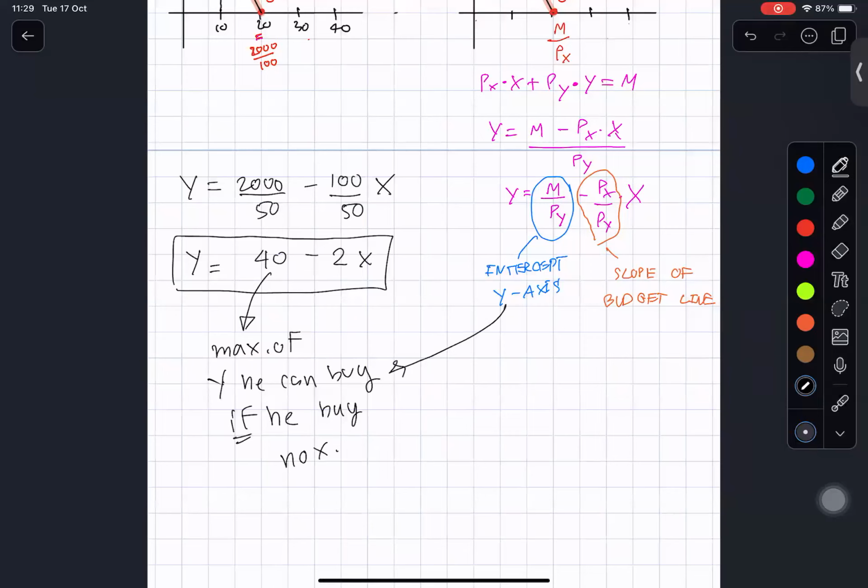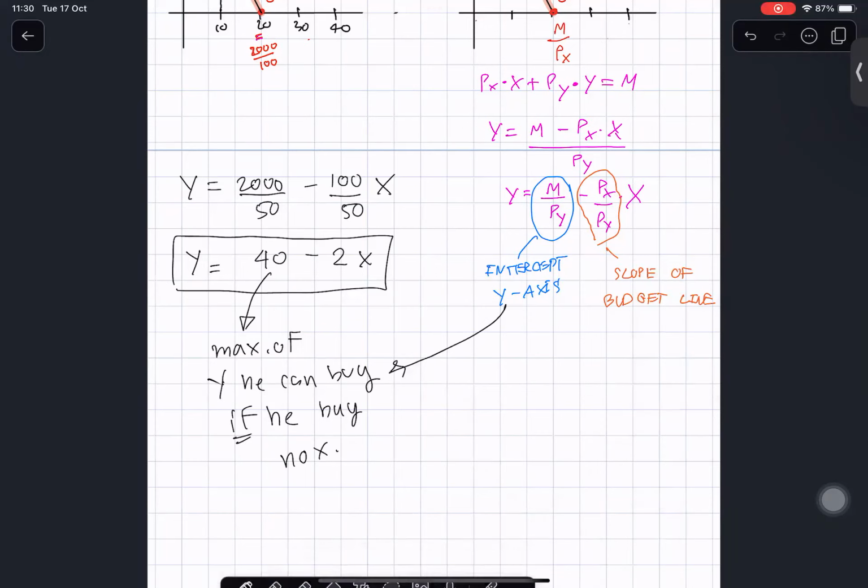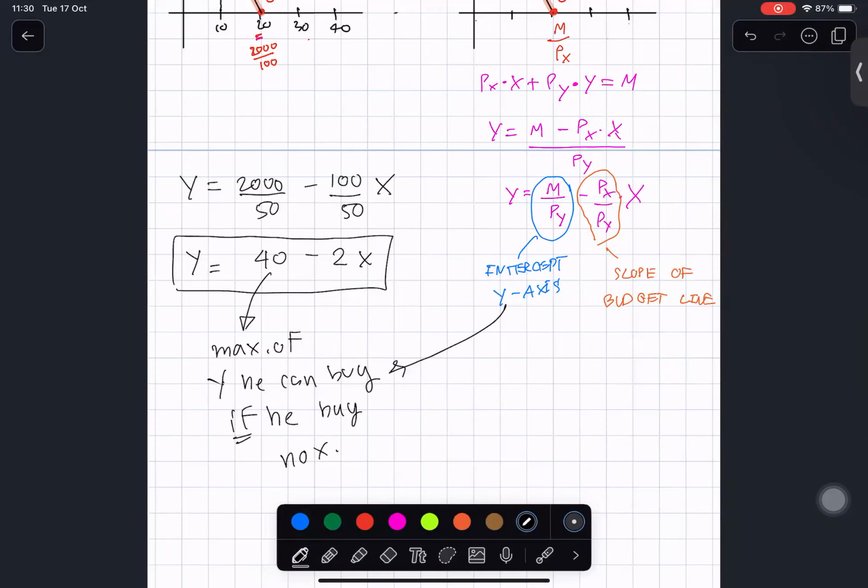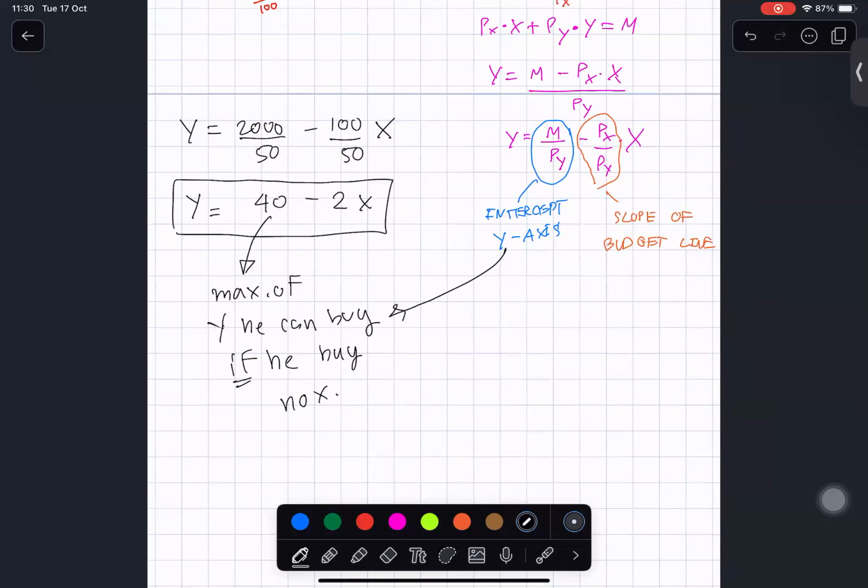Now, what is minus 2 then? Minus 2 is the slope of the budget line above. It comes from price of pizza divided by price of Pepsi, PX divided by PY, slope of the budget line.